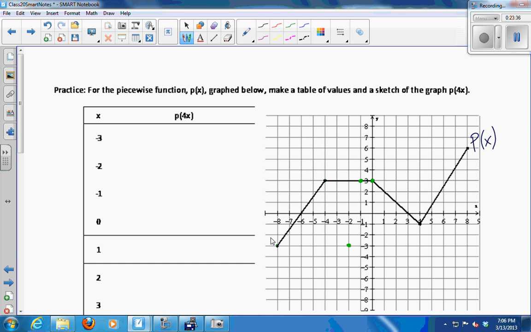So when you do horizontal stretch and compressions, y-intercepts stay in the same place. This point at 4, -1, when I take a quarter of 4, I get 1, -1. And then this point is at 8, 6. A quarter of 8 moves it to 2, 6. So this is my new graph. Compressed p of x by a factor of a quarter.